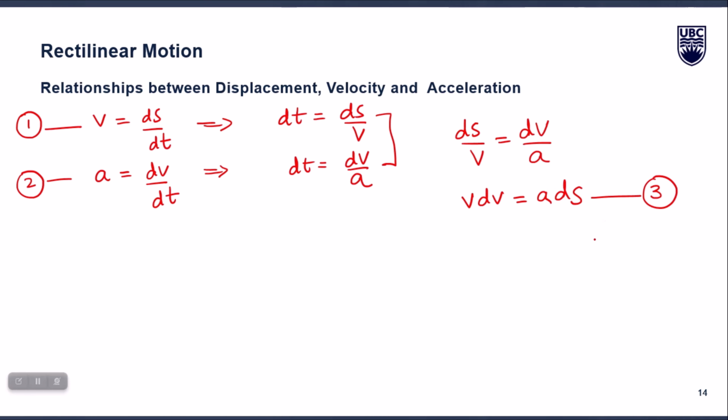But we also know that a is equal to s double dot and v is equal to s single dot, right? We can put that information also in equation 3, and then we will be getting s single dot d(s single dot) is equal to s double dot times ds, right?